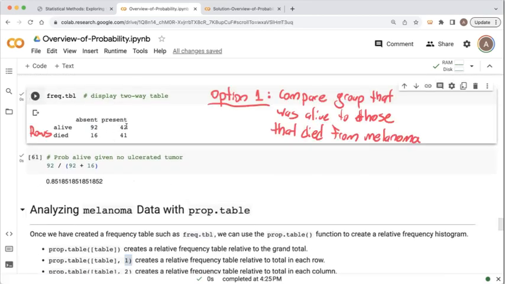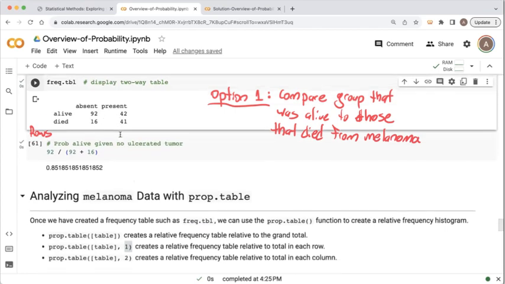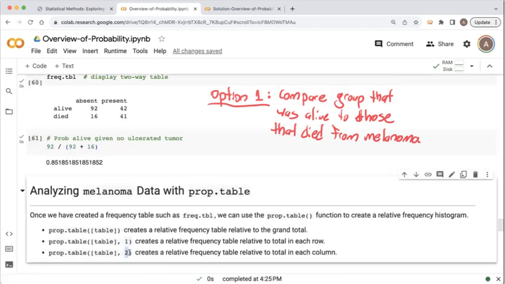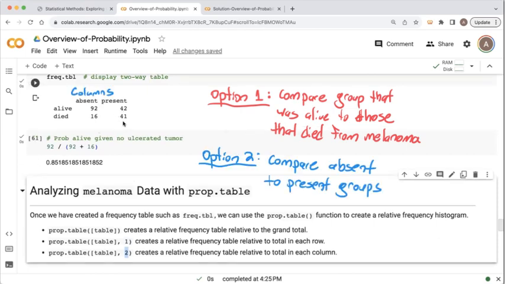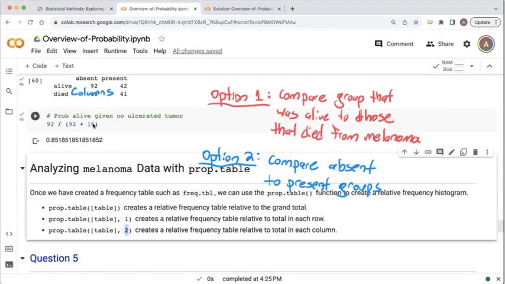So in other words, proportion out of just the alive people, and then the proportions calculated for just the people that had died. And option 2 is going to calculate these proportions relative to the column totals. So relative to the 83 people over here and the 108 people over here.